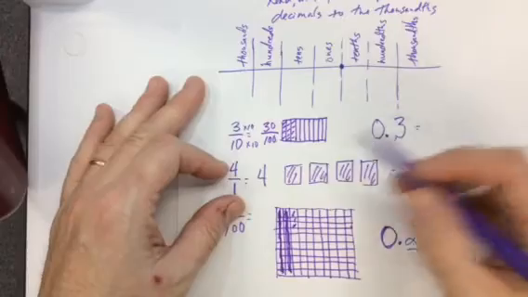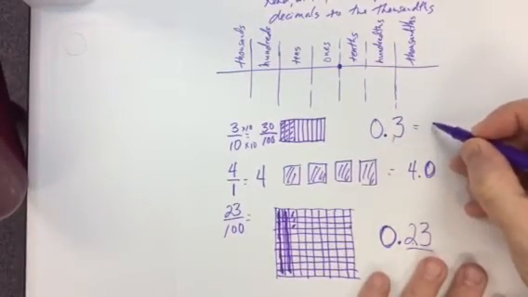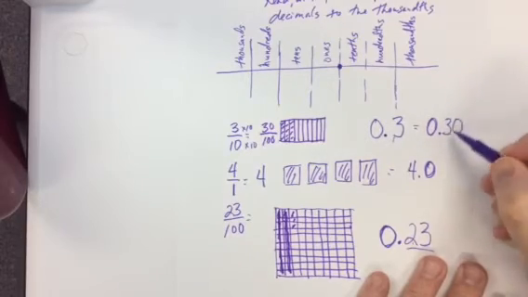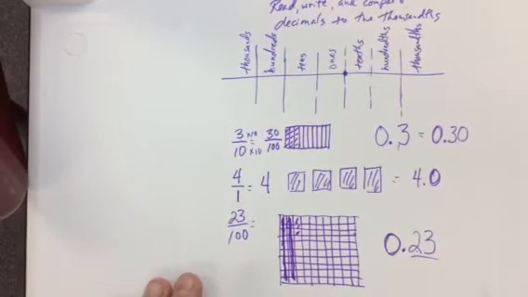That would be 30 hundredths. So if I wanted to write this in hundredths form, I have 0 wholes and 30 hundredths. So that would be how equivalent fractions work with comparing these.